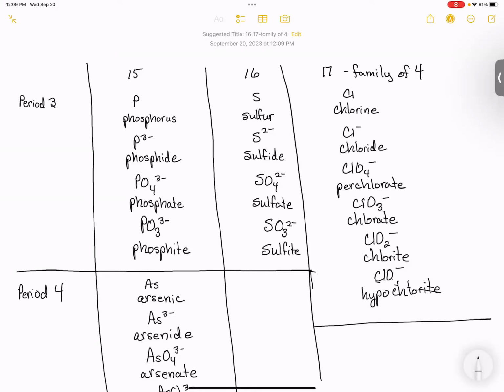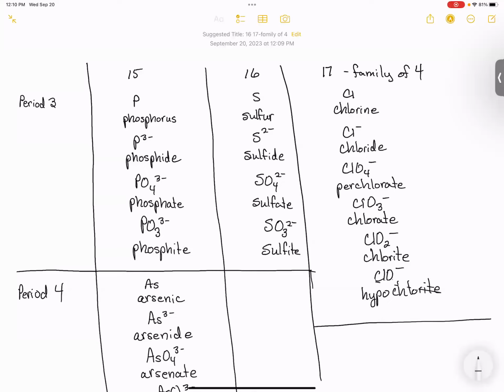What trends do you notice? The polyatomic ions, instead of two of them, there's now four.